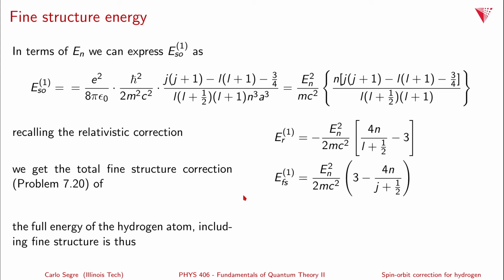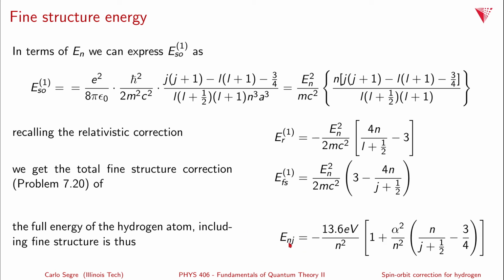The full energy of the hydrogen atom, including the fine structure, can now be rewritten. So E as a function of n and j is equal to minus 13.6 eV, that's E sub n, divided by n squared, times 1 plus alpha squared over n squared, times n over j plus 1/2 minus 3/4.